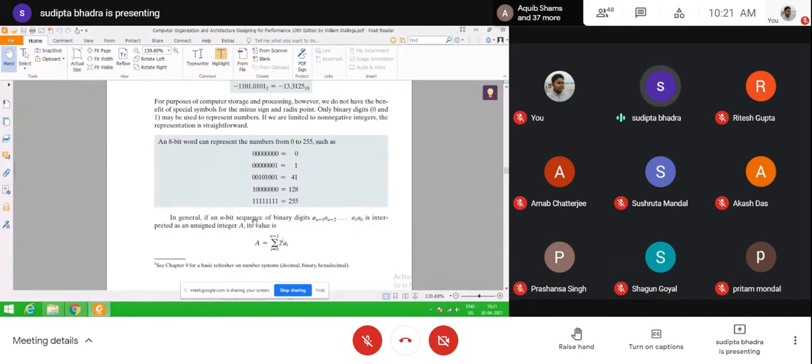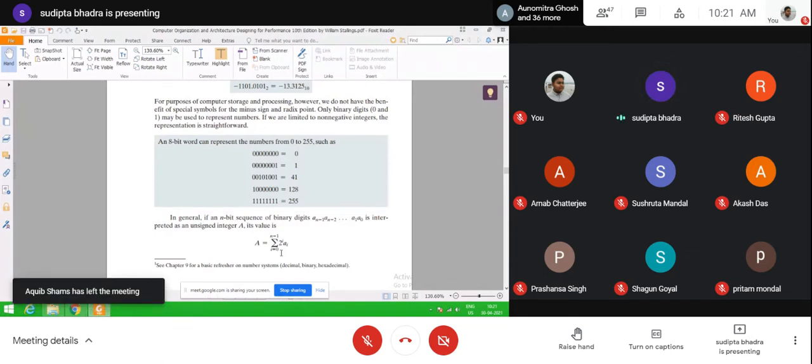So you have to sum up all the bit position values and you will get the integer a. This is the general form used for non-negative integers.